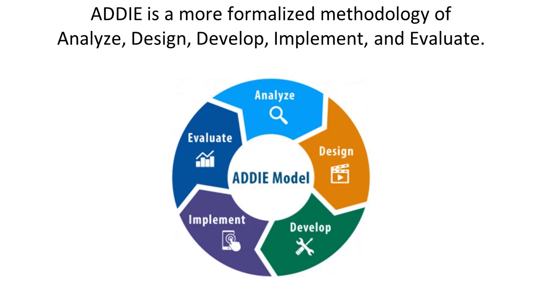Design was how you want it to look. The development was actually the production of it. Then it goes into implementation and evaluation, so you're always looking to see how you can improve it. So that is ADDIE, but really instructional design, or the idea of backward design, is pretty straightforward. It's develop your objectives, then your assessments, then your course content. And that will allow you to really hone it in.